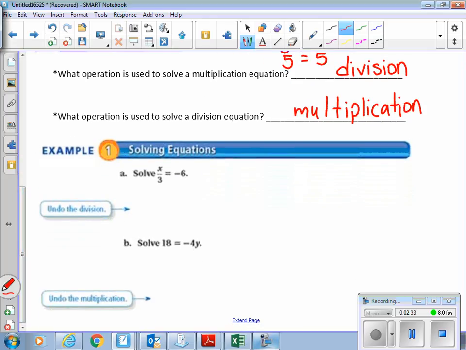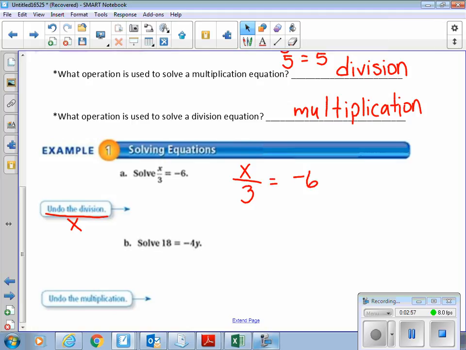So let's take a look at some examples of that. We're going to solve an equation using inverse operations. Part A says x divided by 3 equals negative 6. So we need to undo the division. What's the inverse of division? Multiplication. I'm going to rewrite this over here so that I have a little bit more room. X divided by 3 equals negative 6.